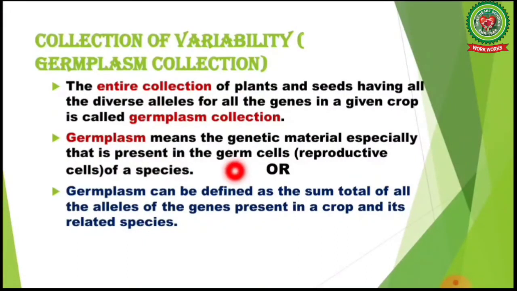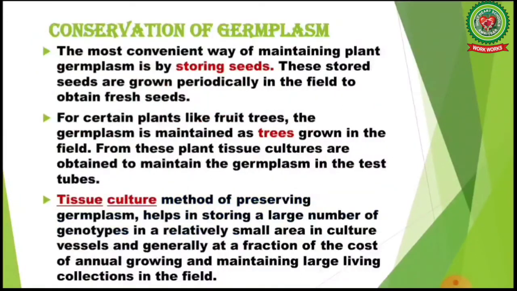Germplasm means the genetic material, especially that which is present in the germ cells, meaning the reproductive cells of a species. A good germplasm collection is essential for a successful breeding program. It can also be defined as the sum total of all the alleles of the genes present in a crop and its related species.